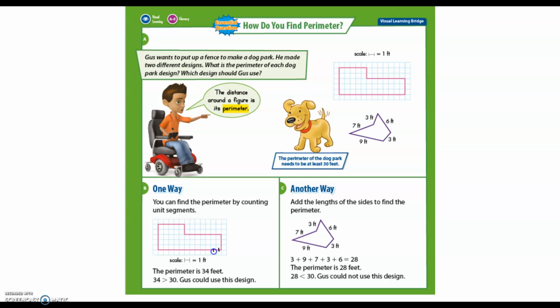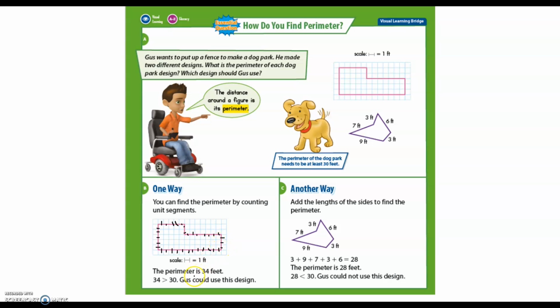1, 2, 3, 4, 5, 6, 7, 8, 9, 10, 11, 12, 13, 14, 15, 16, 17, 18, 19, 20, 21, 22, 23, 24, 25, 26, 27, 28, 29, 30, 31, 32, 33, and 34.